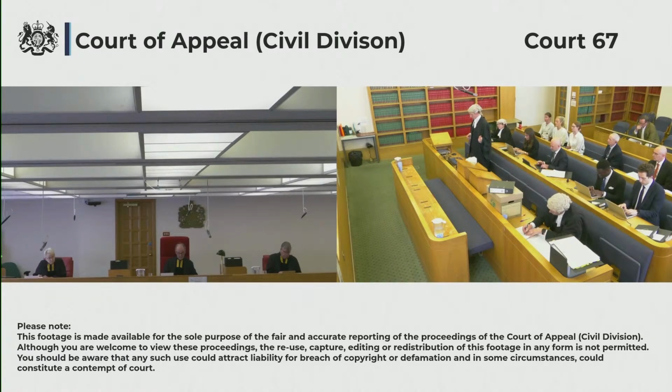And the very example my own friend gives in his skeleton of a poultry processing factory, which he says is an obvious example of something that cannot come within the occupied together with requirement because it lacks an agricultural function, is actually one which tells against him, because as we saw in Farmer, the Lands Tribunal and the Court of Appeal were perfectly happy with a poultry processing factory coming within the use test.